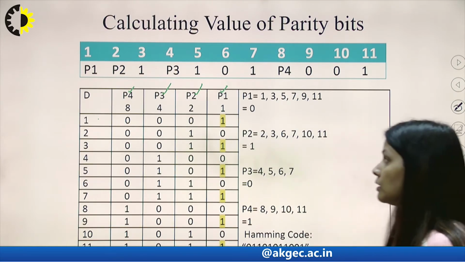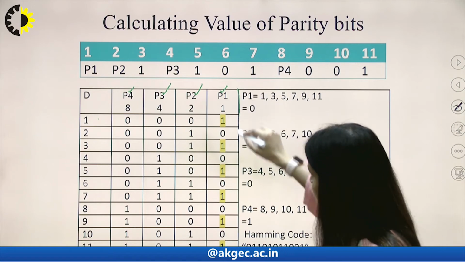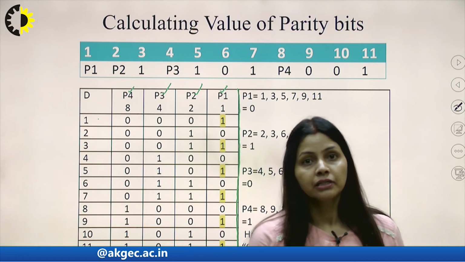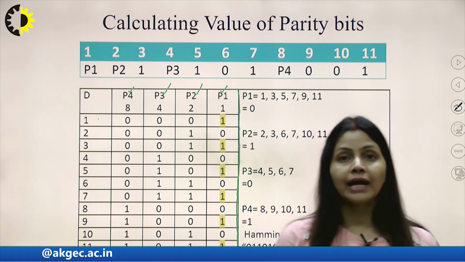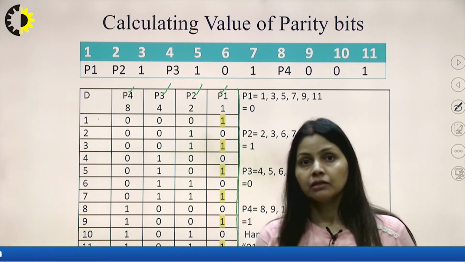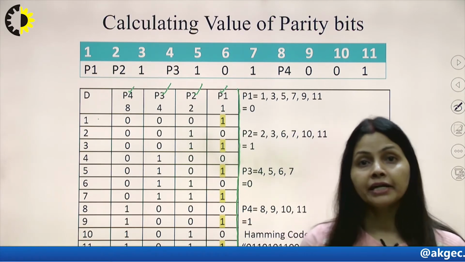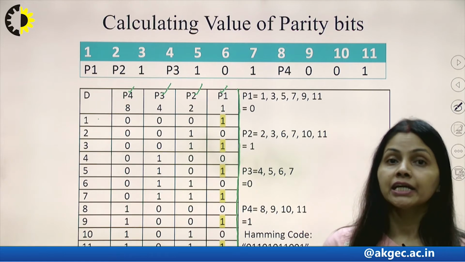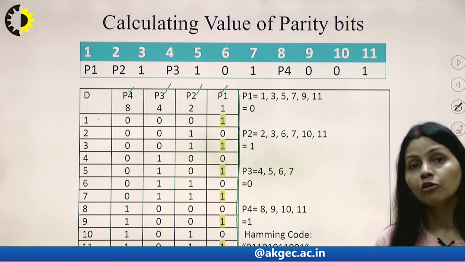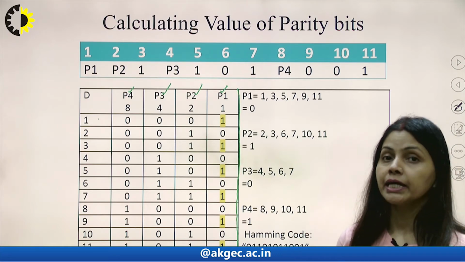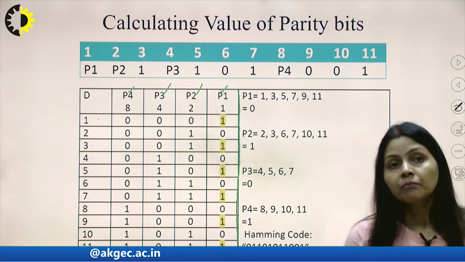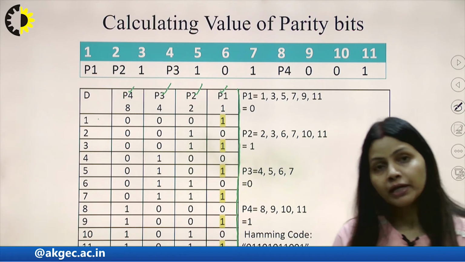Okay. After writing this table, now it is easy for me to calculate the parity bits. Now one more thing, the parity bit should follow the criteria of even parity, or the parity bit should follow the criteria for odd parity. That is important. What it means is, I am adding the parity bits to my data.